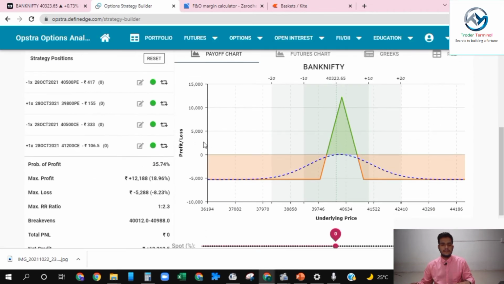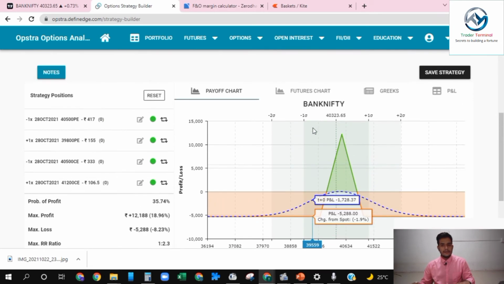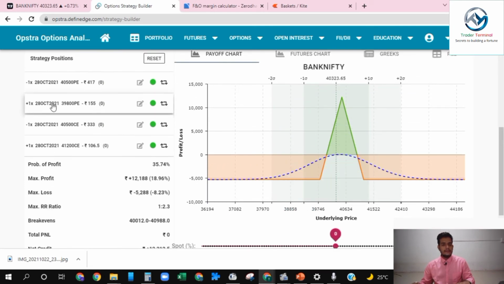All right. So guys, you can see this is our profit and loss graph. What we have done is we have sold the 40,500 put and 40,500 call. These are the ATM options that we have sold here, and on the put side we have bought a hedge of 39,800, and on the call side we have bought a hedge of 41,200.